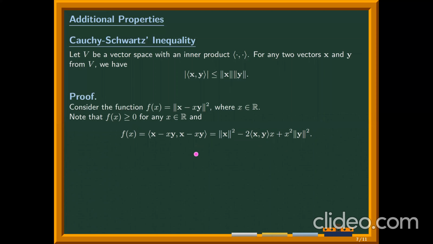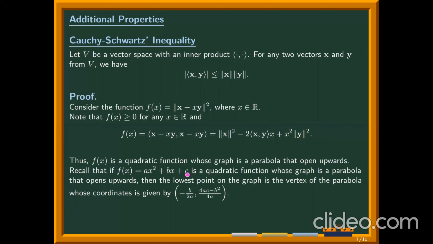So this is a quadratic function whose graph is a parabola that opens upwards because the coefficient of the quadratic term is non-negative. Technically non-negative, but let's assume for simplicity that y is a non-zero vector. So its graph is a parabola that opens upwards.